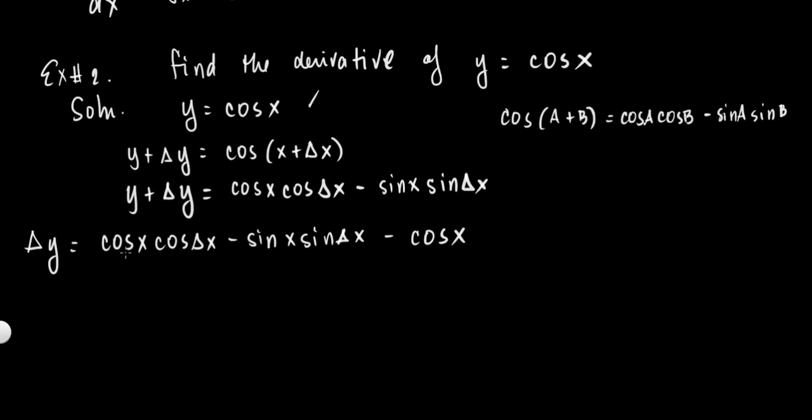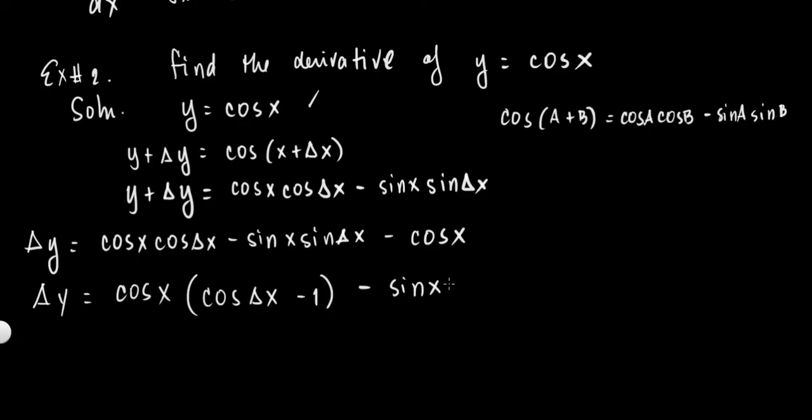Then this term, cosine x times cosine delta x minus cosine x, we factor out the cosine. Okay, so cosine x times cosine delta x minus 1. So, nalabas na natin yung cosine here. Nilipat sa dito sa labas. So, cosine x. Then, minus sine x times sine of delta x.